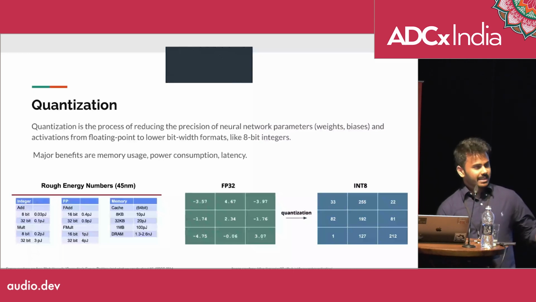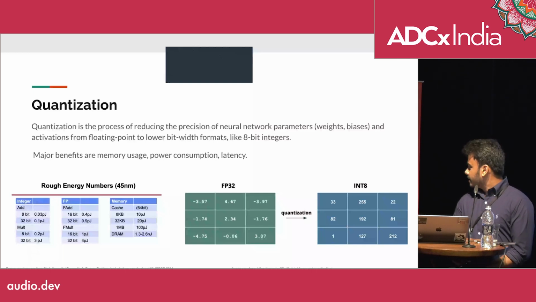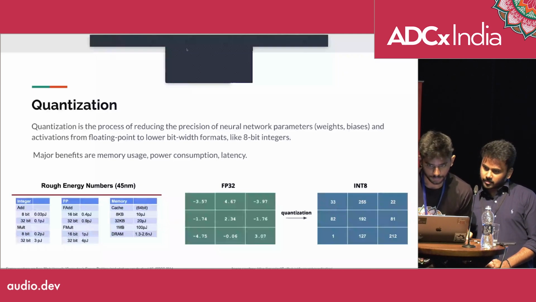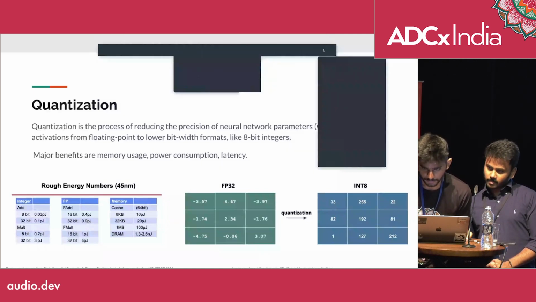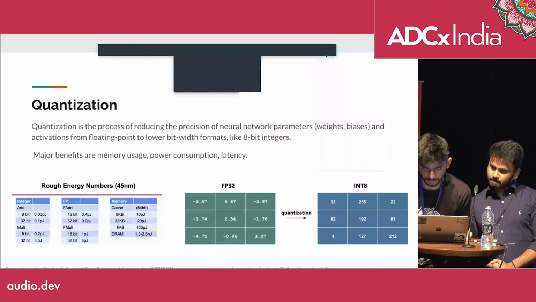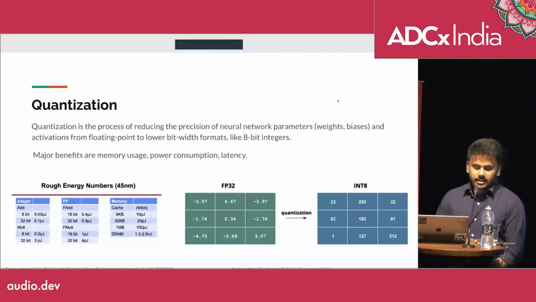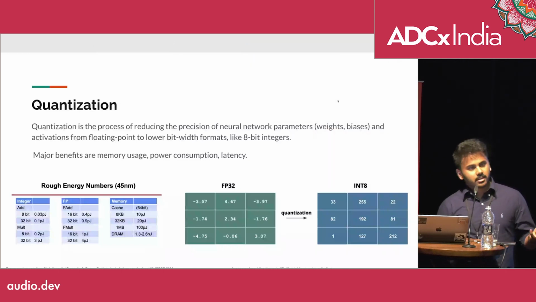Generally, when you train a model, it's going to be in 32-bit float, and during quantization you convert that into 8-bit int.